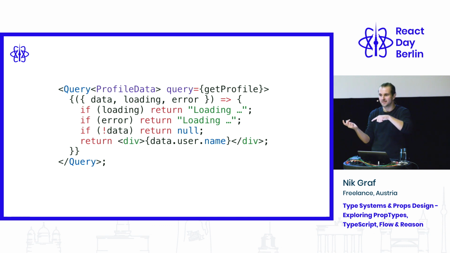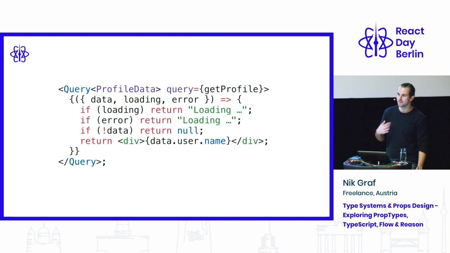So it's a special edge case: only if you have refetch and you have this property set, then this edge case can happen. There are still a couple of impossible cases in this design, but there's a handful of cases that could happen. Data and loading could be true, error and loading could be true, but data and error at the moment in Apollo cannot be true at the same time.